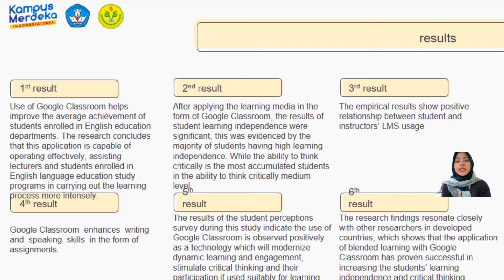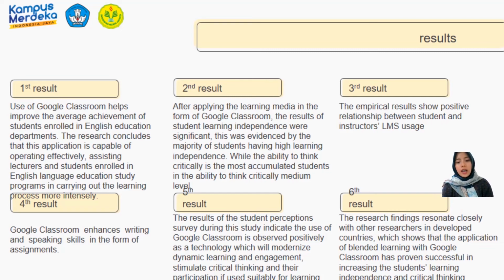And from this research, blended learning with Google Classroom has proven successful in increasing the students' learning and their critical thinking.